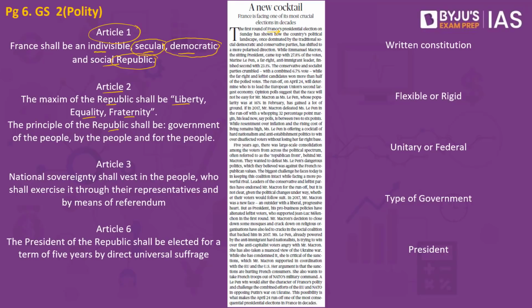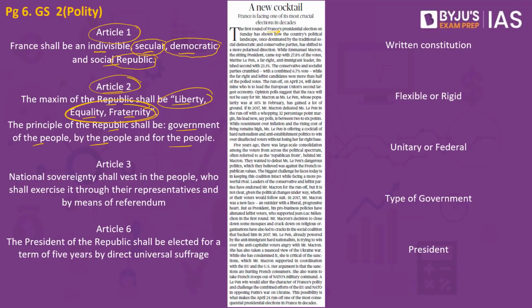The principle of the republic shall be government of the people, by the people and for the people. When we speak about India's preamble, we have words like justice, equality, fraternity and liberty. Where have we imported this concept from? We have imported this concept from France. So Article 2 of the France Constitution speaks about liberty, equality and fraternity, and India has imported these ethos, these values, into our Indian Constitution as well.